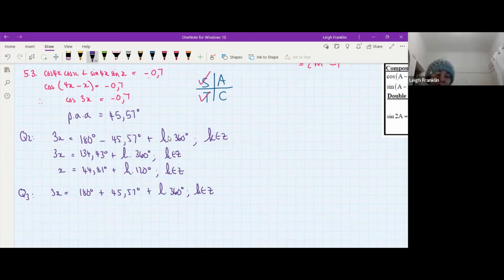So I add the 45,57 to 180 and divide through by 3, all in one step. I'm getting a final answer of x equal to, oh no, that is correct, sorry, 75,19 degrees plus k times 120, k an element of the integers. All right, do you agree? Are you getting the same answers?